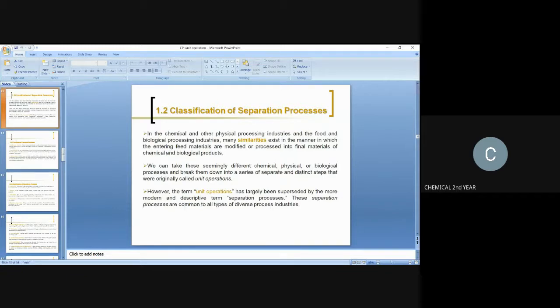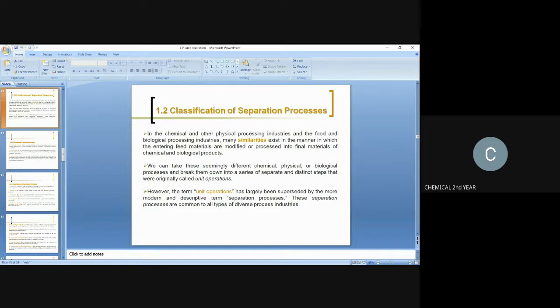Classification of separation process. In the chemical and other physical processing industries and the food and biological processing industries, many similarities exist in the manner in which feed materials are modified or processed into final materials or chemical and biological products.